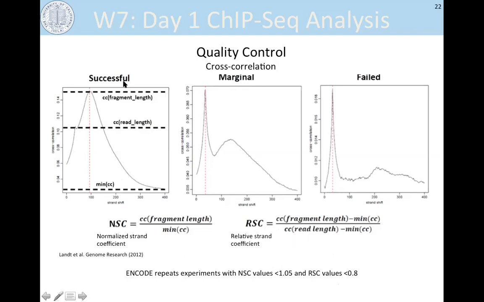So here's an example. This is a very good enrichment. This is marginal. As you can see, the fragment length peak is very low compared to the read length. And failed would be where you don't really see much of the fragment length peak.